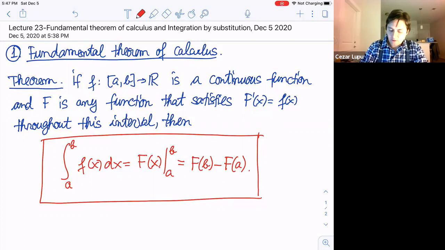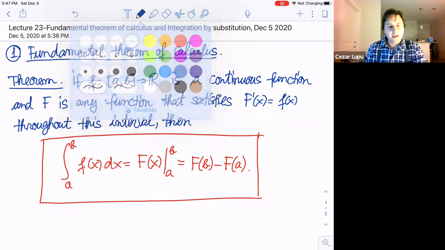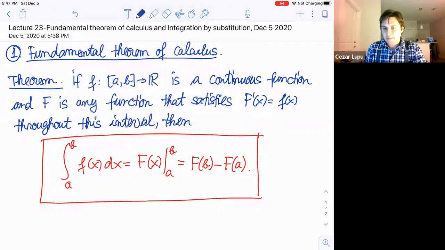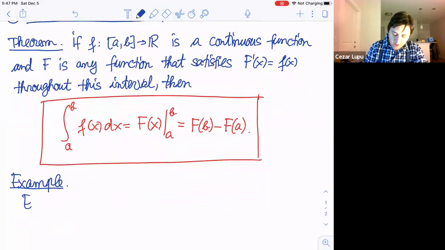And let me just start with an easy example. In fact, I want to go back to the example that we did last time. Remember in the previous lecture, we did this example of evaluating this integral, and I told you that we're going to do it the hard way. So evaluate this integral from -2 to 1 of 4x dx.